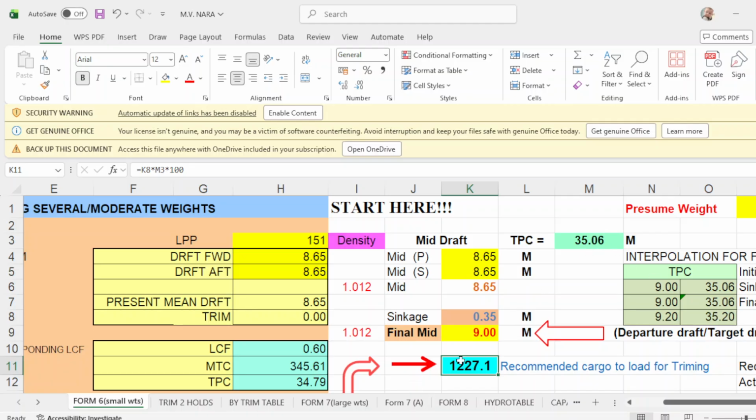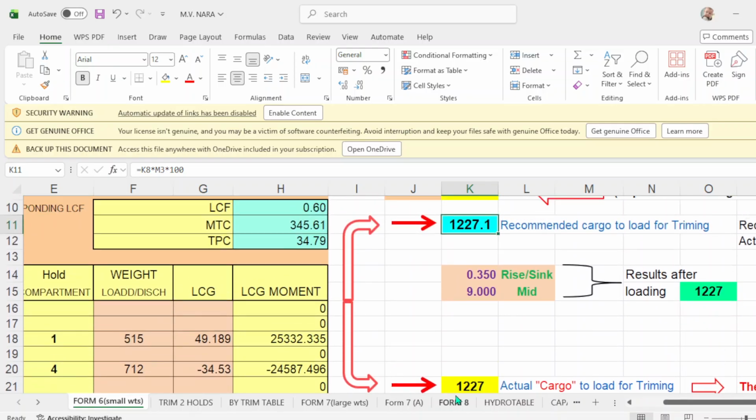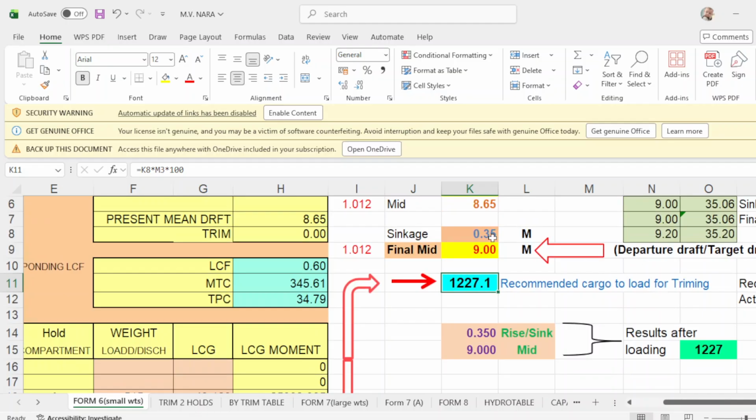So again, sinkage times TPC times 100, that will be 1.027. Then you apply how much would be your mid drop if you apply 1227. Then your mid drop is exactly the same, 9 meters, as your ceiling plan, and your sinkage is exactly the same as your sinkage here.